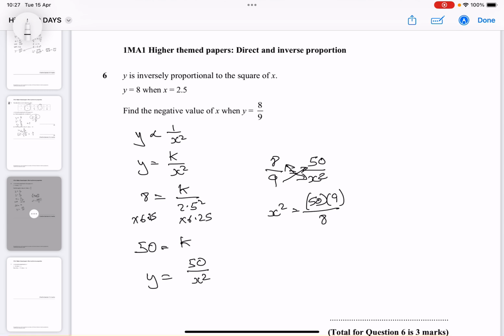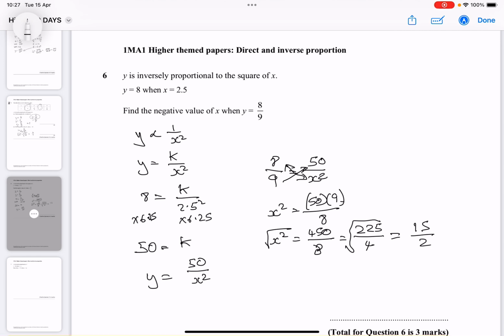And what that gives me is x squared equals 50 times 9 is 450 over 8. You might look at that and think that's a bit strange, but I can simplify that, dividing by 2, to give 225 over 4. It's not so strange now, because if I square root that and square root that, you should see the square root of 225 is 15, the square root of 4 is 2.